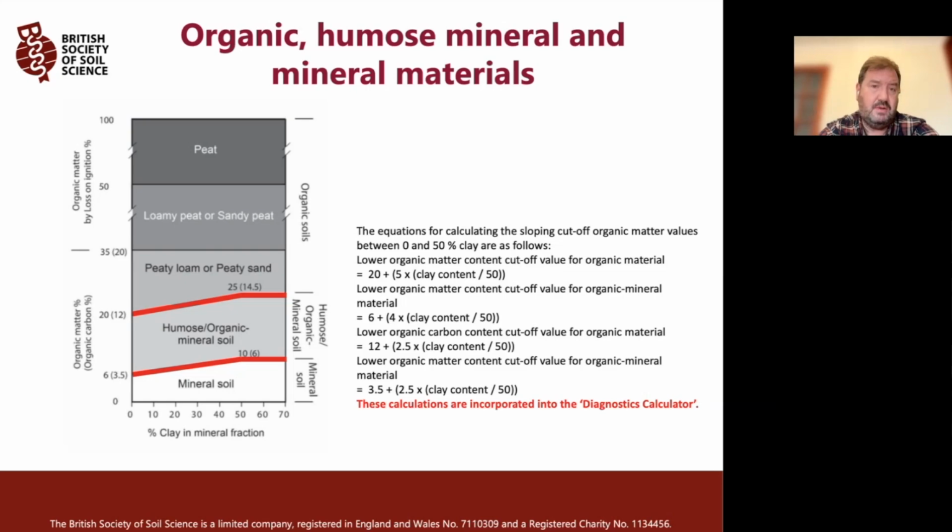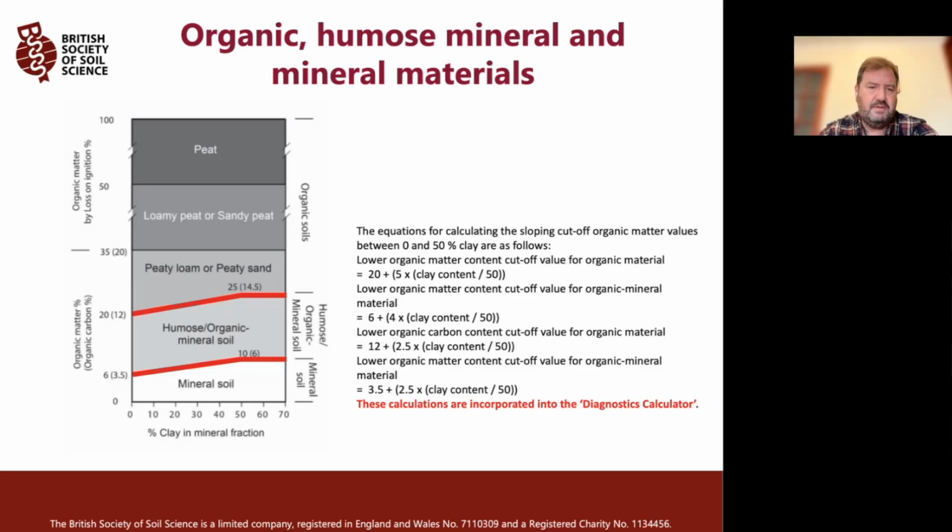Humose is soils that have high organic content, but not enough to be classified as an organic soil. And then, of course, the mineral soils, which are still more influenced by the parent material, the levels of clay, sand, and silt that are in the soils. And organic material may be quite low in those mineral soils.